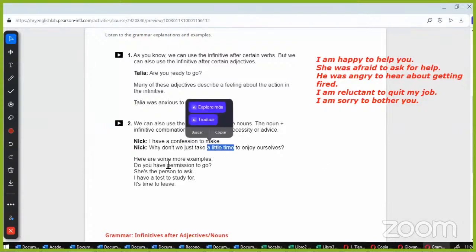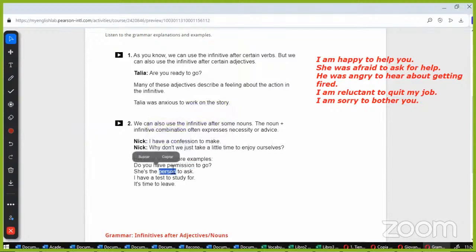They have permission now to go. She's the person now to ask. We have a test, that's a noun. And it is time, that's a noun also. So we can use it after adjectives or after nouns.